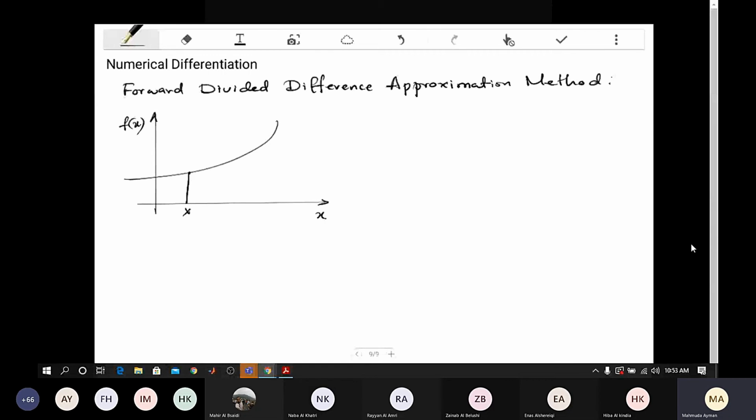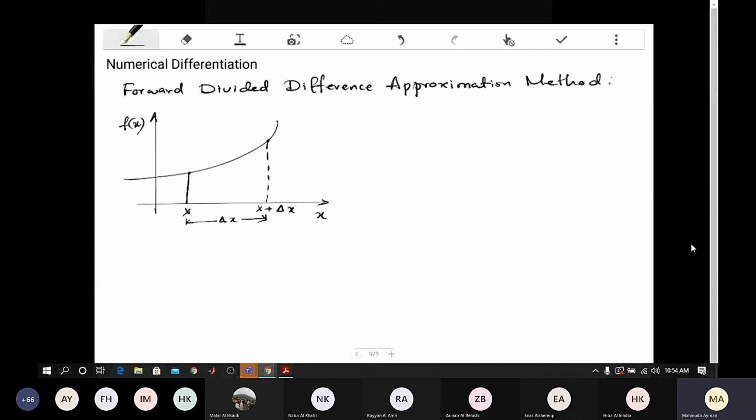This is where we have to find out the derivative of the function. And what we do is we choose a point which is delta x ahead of this point. So this point here is x plus delta x. The distance between them is delta x.